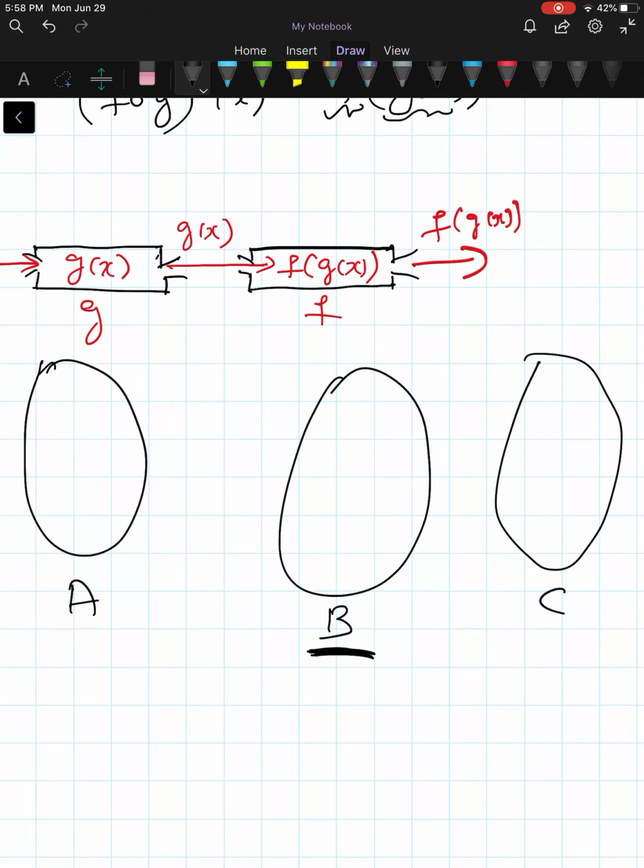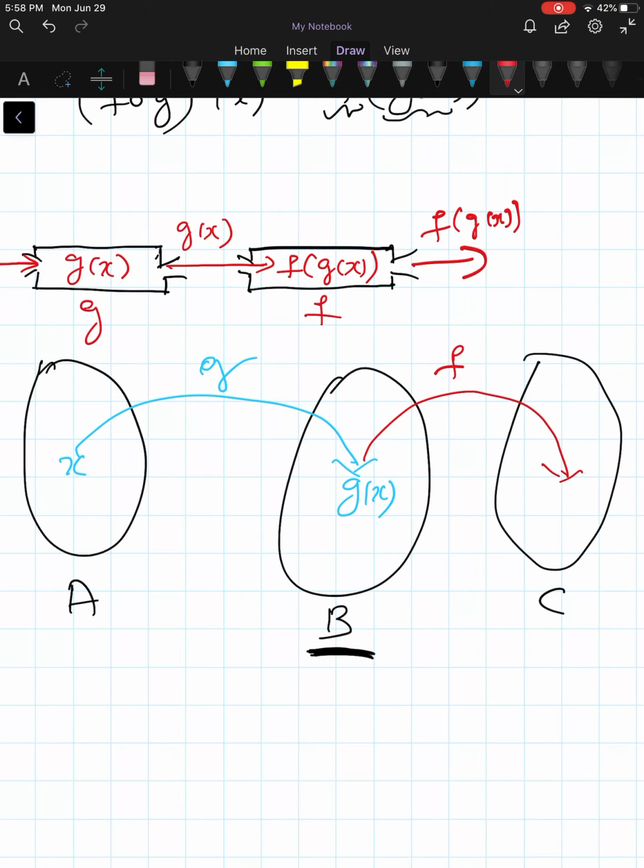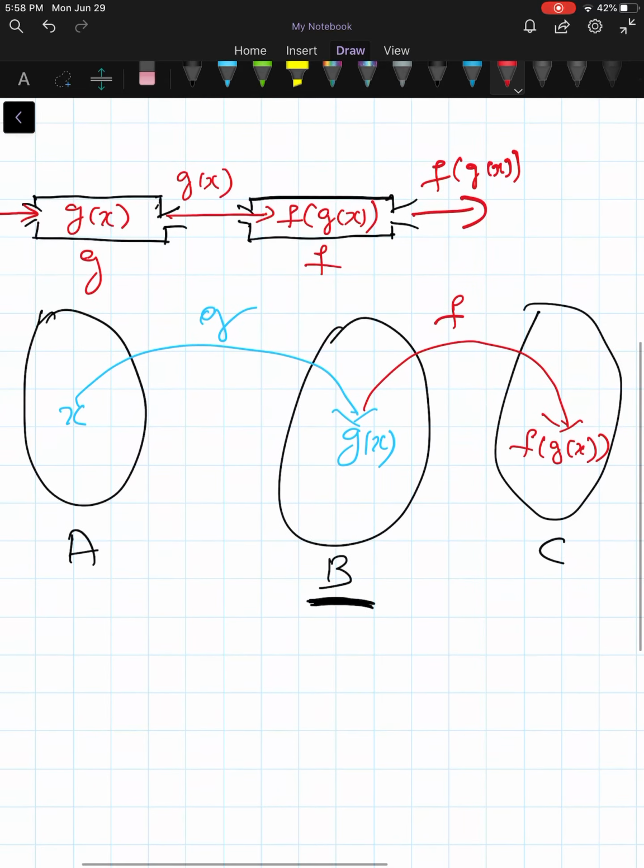We will see that now. From A you have x here, and this function goes from A to B, and you have g of x here. The next function would be f, which takes g of x. So the input for f is in B, therefore the domain of f is B. So g of x, and this will be f of g of x. So this is the arrow diagram.